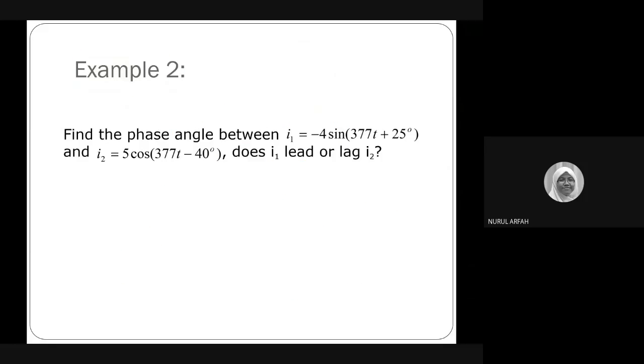What about phase angle? Okay, you need to find phase angle between I1 and I2. Does I1 lead or lag? This is what I said, that you need to compare two signals. So before you compare, what are the two things that you're going to check?